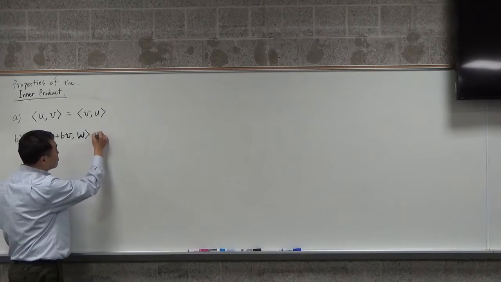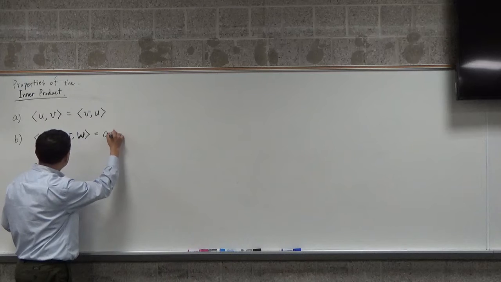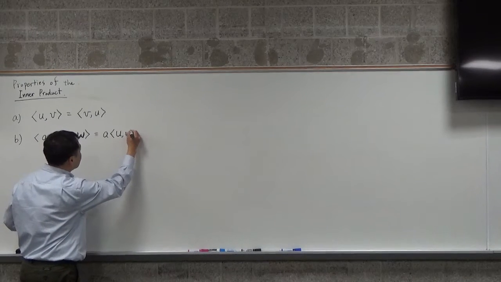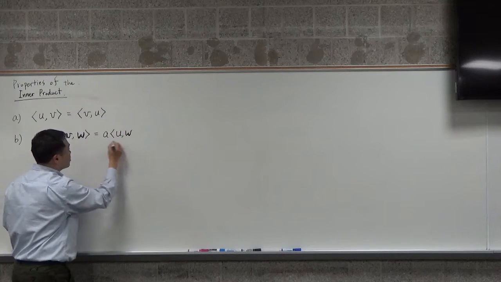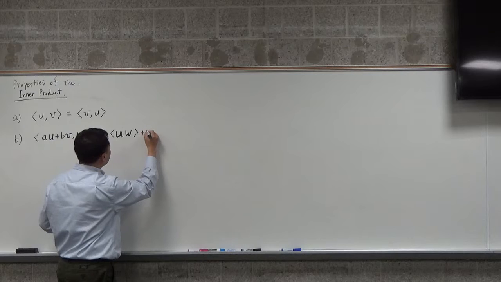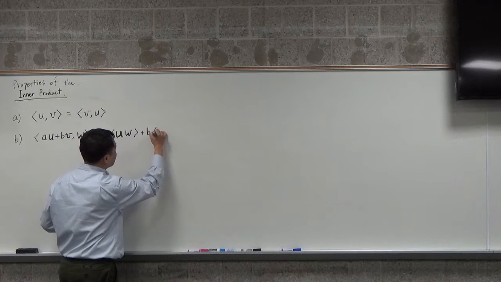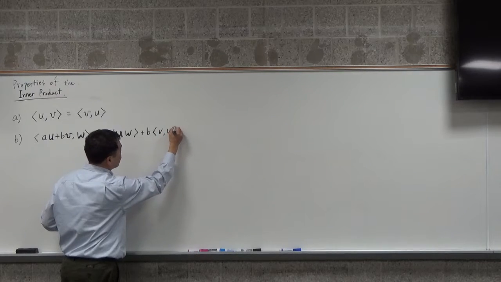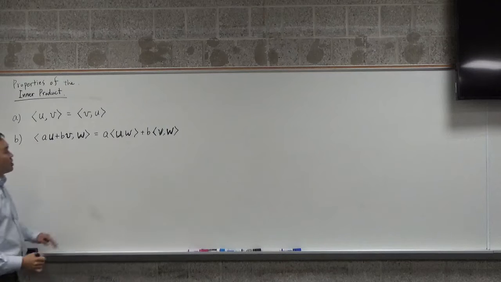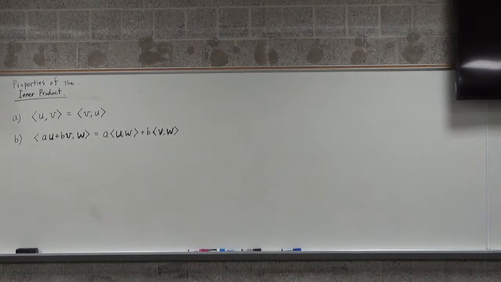So that's going to be the same as A times U W, plus B times V W. I'm trying to write boldface so that you know the difference.